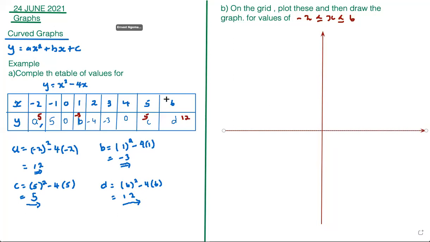On the positive side, the biggest number is 6, and on the negative side, the biggest number is -2. So you need the positive side of your x-axis to have a bigger space than this side. On this side, you only need -2. On this side, you need up to 6.